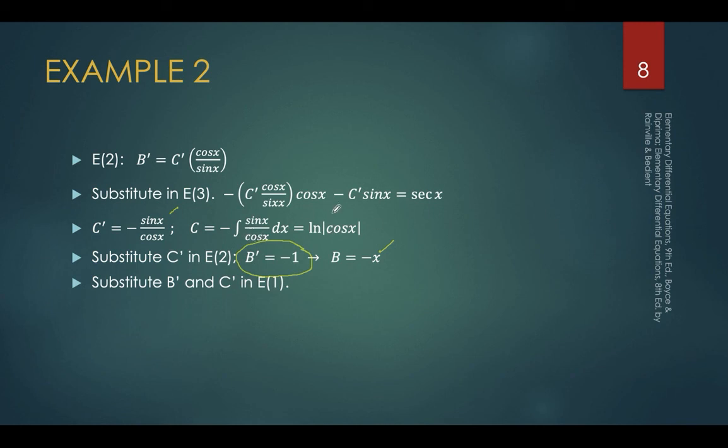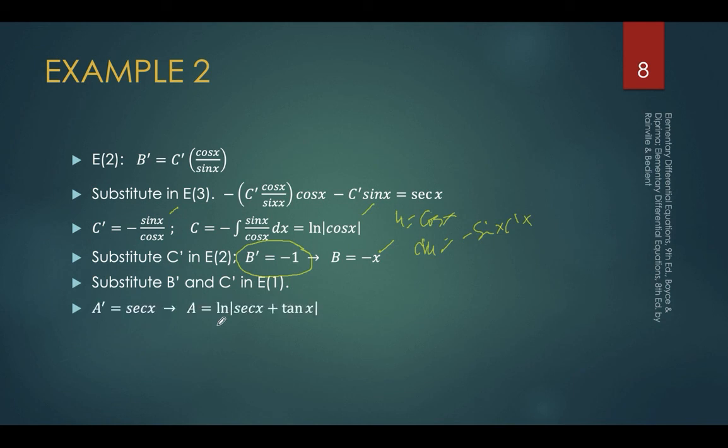So your u here is cosine x. So the derivative is negative sine x dx. So this will now be integral of du over u. So ln of u, where u is cosine x.